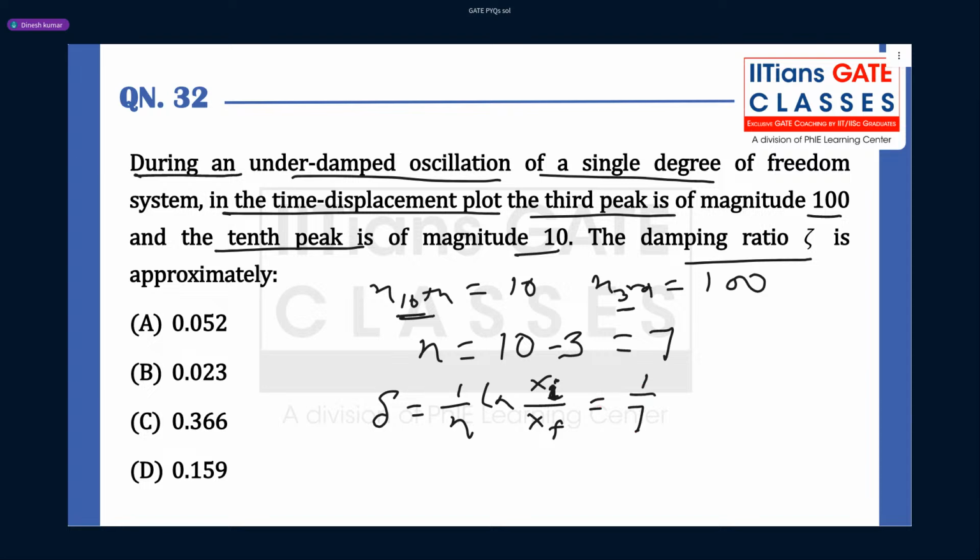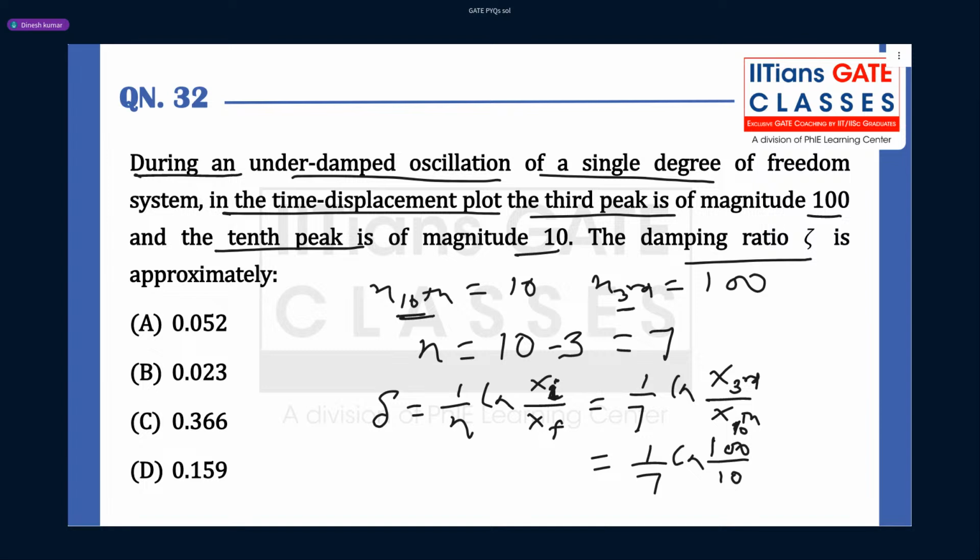So delta will be 1 upon 7 ln of x third upon x tenth. It is nothing but 1 by 7 ln of x third, which is 100, and x tenth, which is 10.